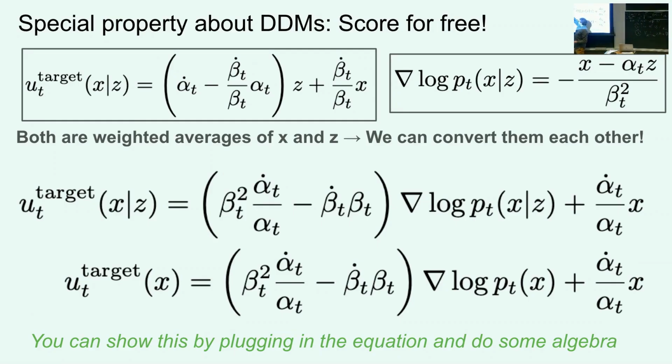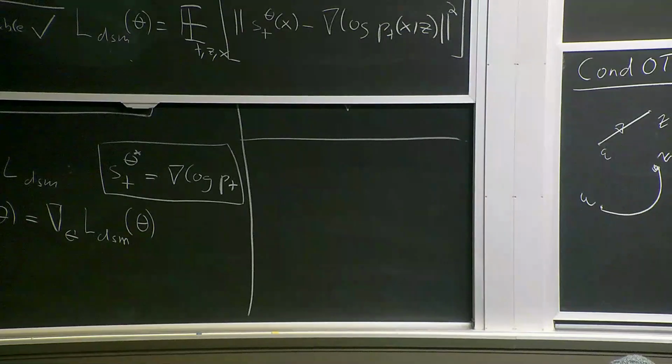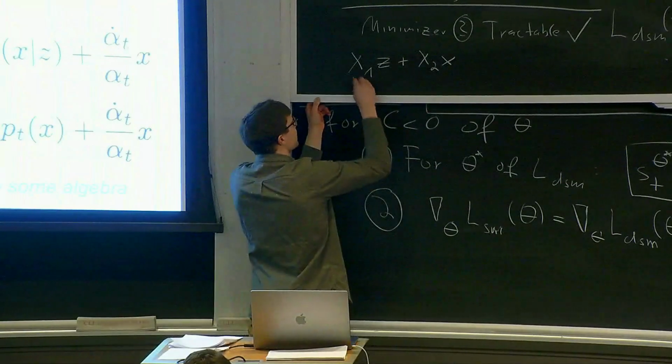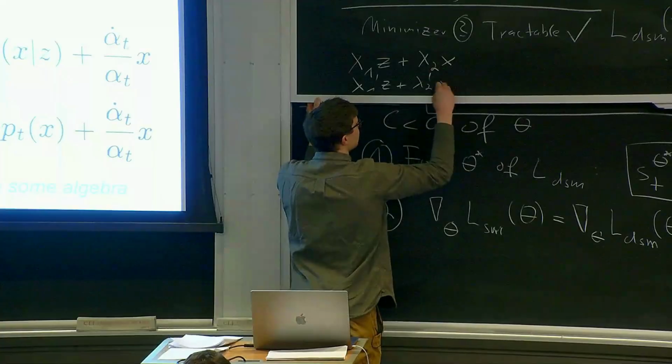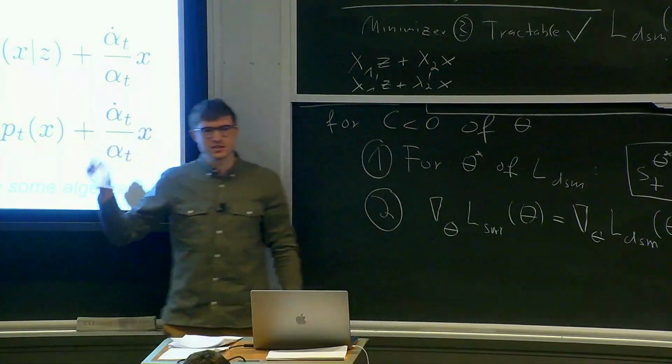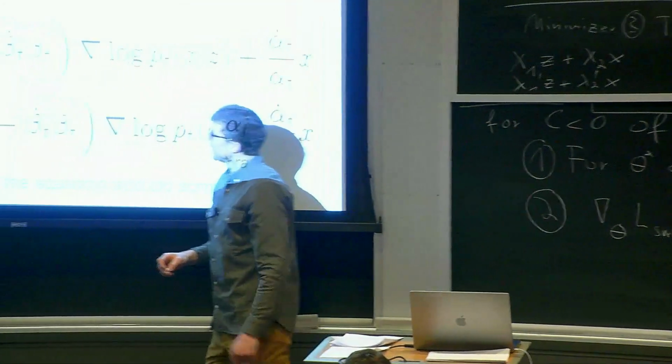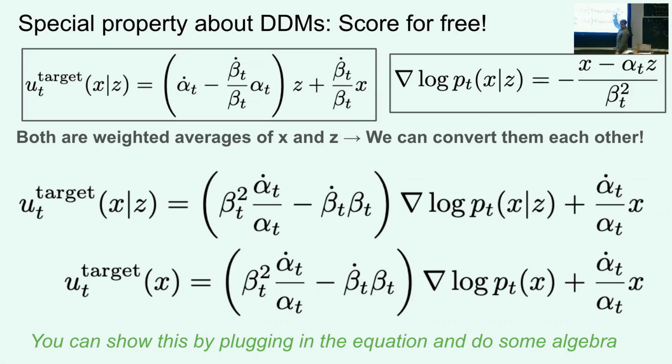They're both weighted averages of Z and X. One has a formula of the form lambda 1 times Z plus lambda 2 times X, and the other has lambda 3 times Z plus lambda 4 times X. There are specific coefficients there, but let's ignore them for now. And this has an implication: we can convert them into one another.